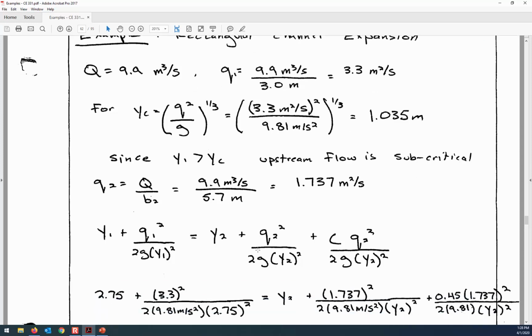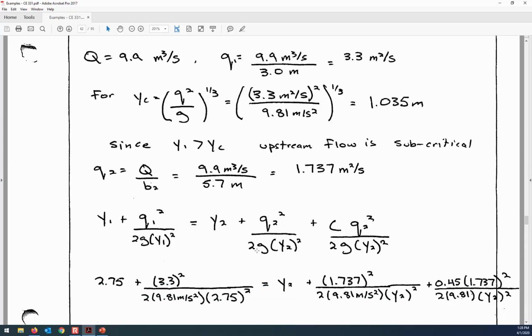So if we put all of the knowns for this, the depth at 1, flow per unit width, the flow per unit width at 2, the C factor, that coefficient for this expansion of 0.45, the only unknown that we have in the equation is the depth, y2.